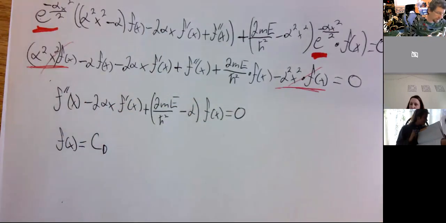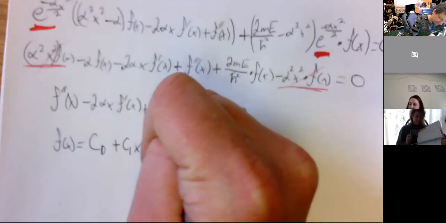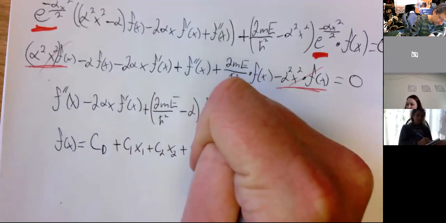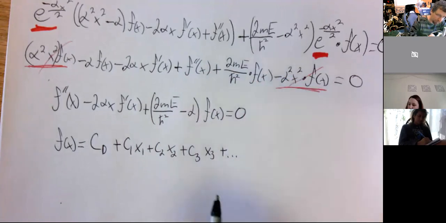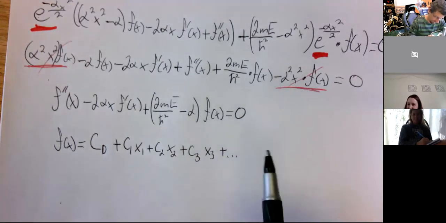C0 plus C1 x plus C2 x squared plus C3 x cubed, and so on. And do you remember what that was called? Taylor series? Nope. Power series. Power series sounds cooler.